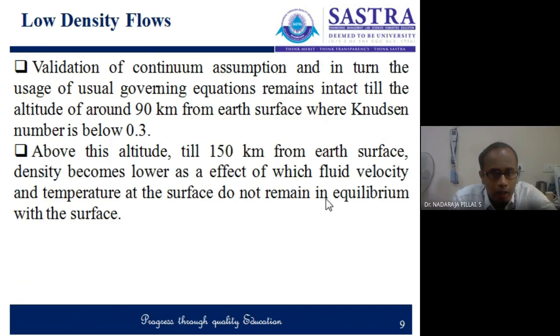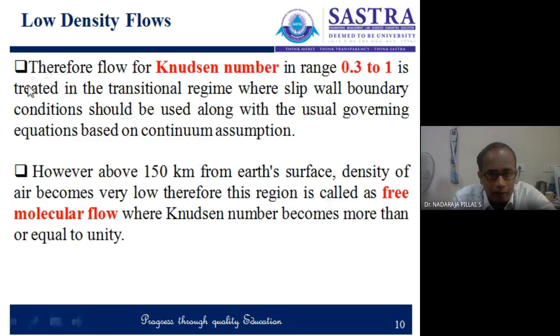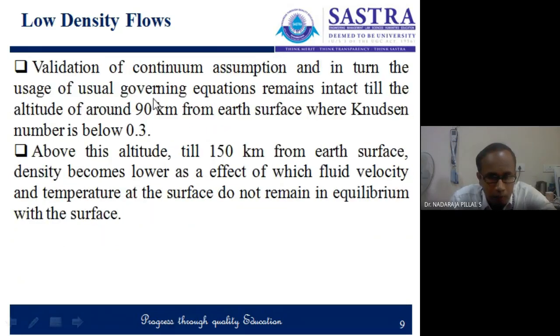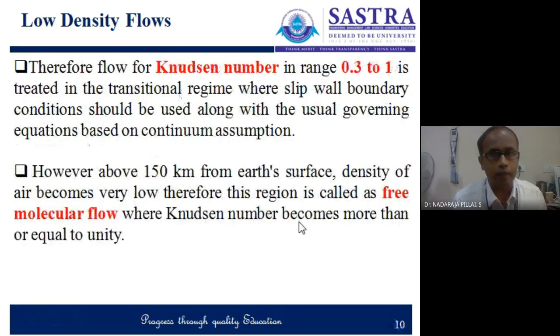The flow with a Knudsen number between 0.3 and 1 is treated as a transitional regime, where the slip wall boundary condition should be used along with the usual governing equations based on the continuum.